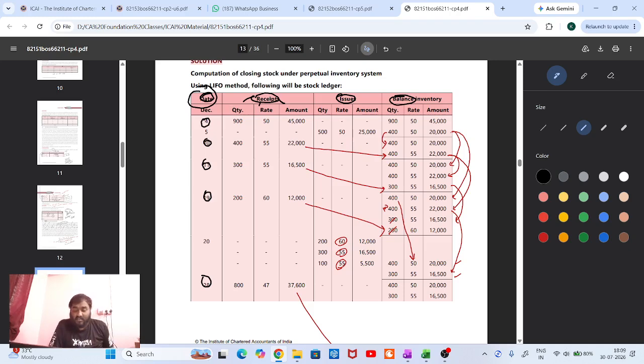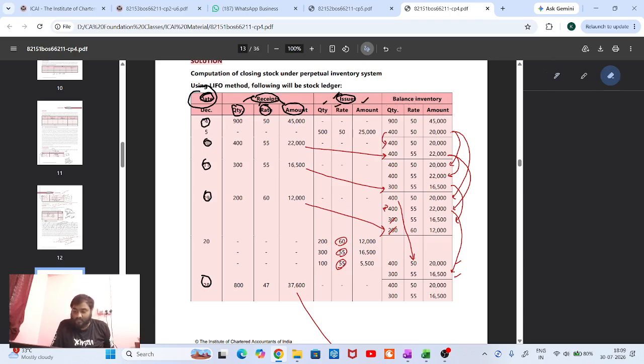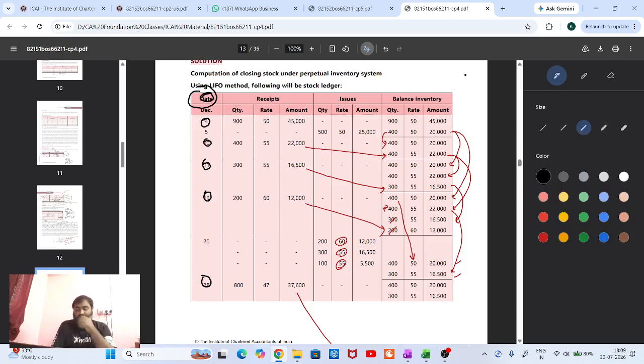For the issue also quantity, rate, amount, and balance also quantity, rate, amount. This is the purchase: 900 units at the rate of 50 per unit. The amount is 45,000. How did this come? 900 into 50. The balance is 900 into 50, which is 45,000.